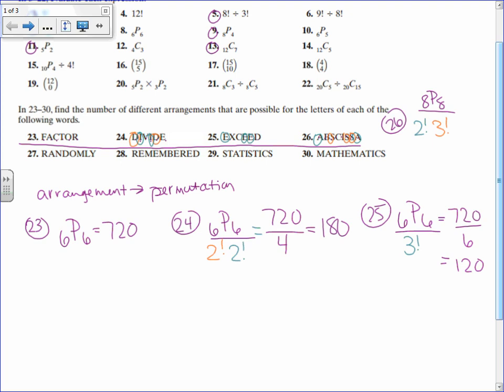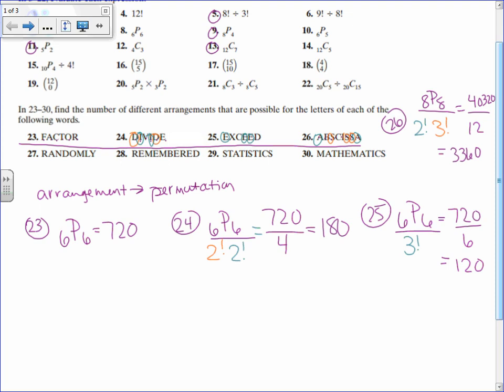And that covers everything. So we can figure out 8P8, and that is going to be 40,320. And then 2 factorial times 3 factorial is going to give you 12. So I'm going to do 40,320 divided by 12, and you get 3,360. So just plugging and chugging into your calculator.